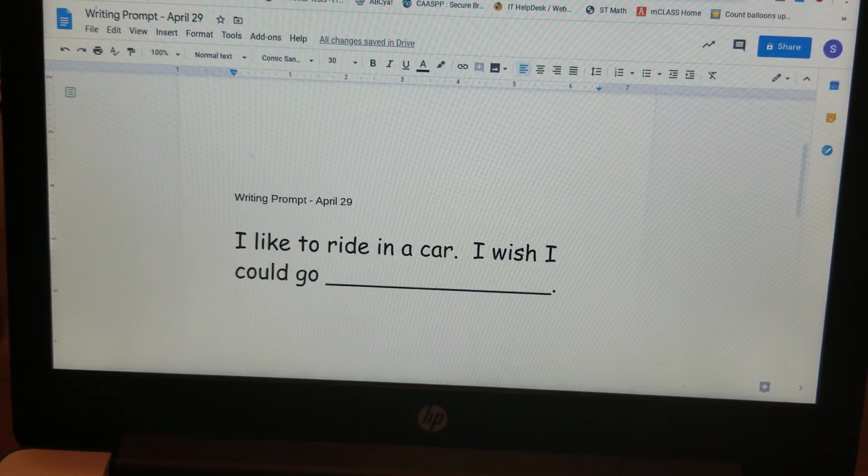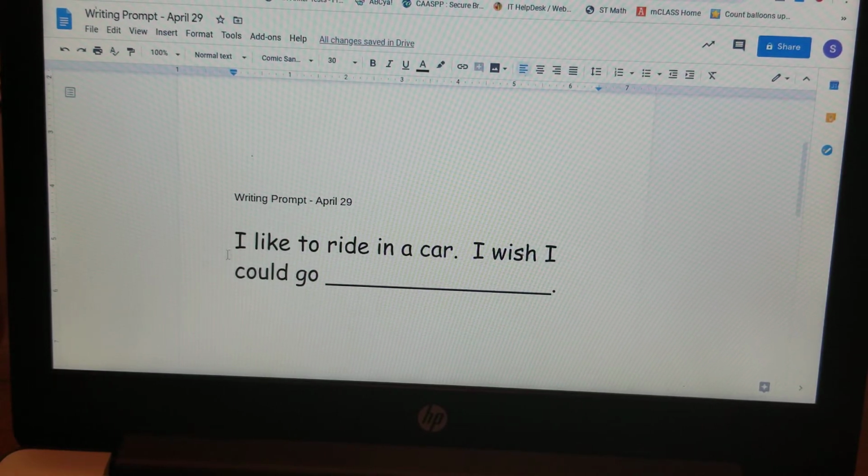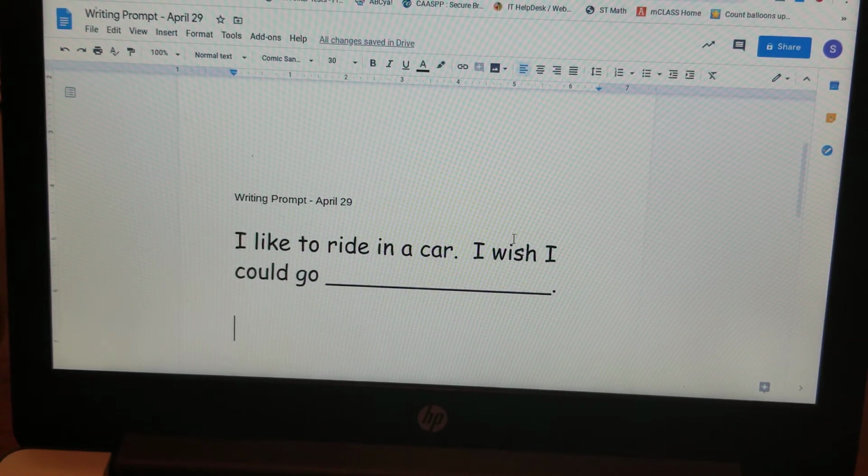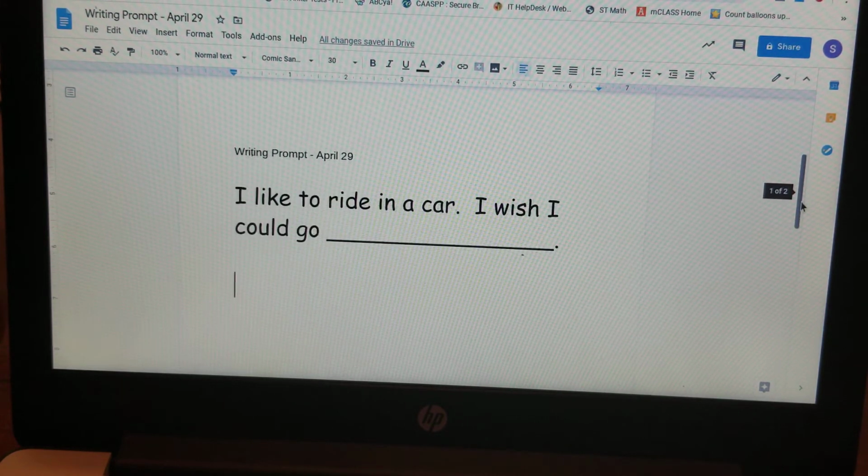It says, I like to ride in a car. I wish I could go, and then you're going to fill in the space. Now, boys and girls, when you do your writing, you're going to do it actually in the shared reading book.